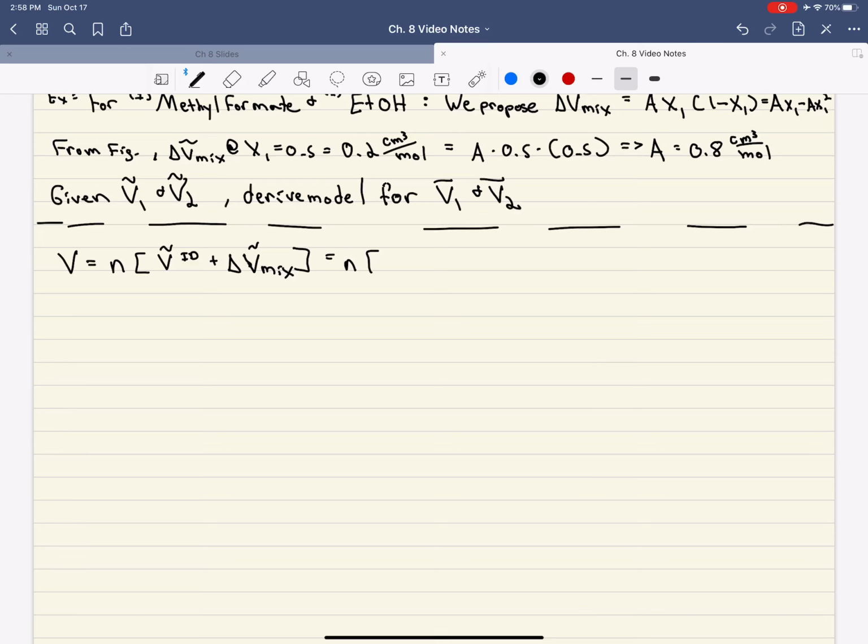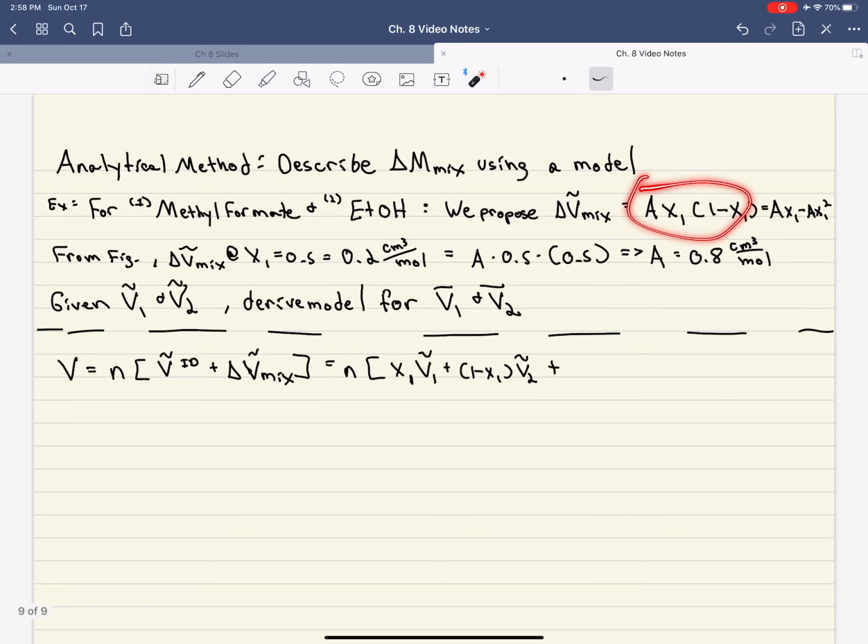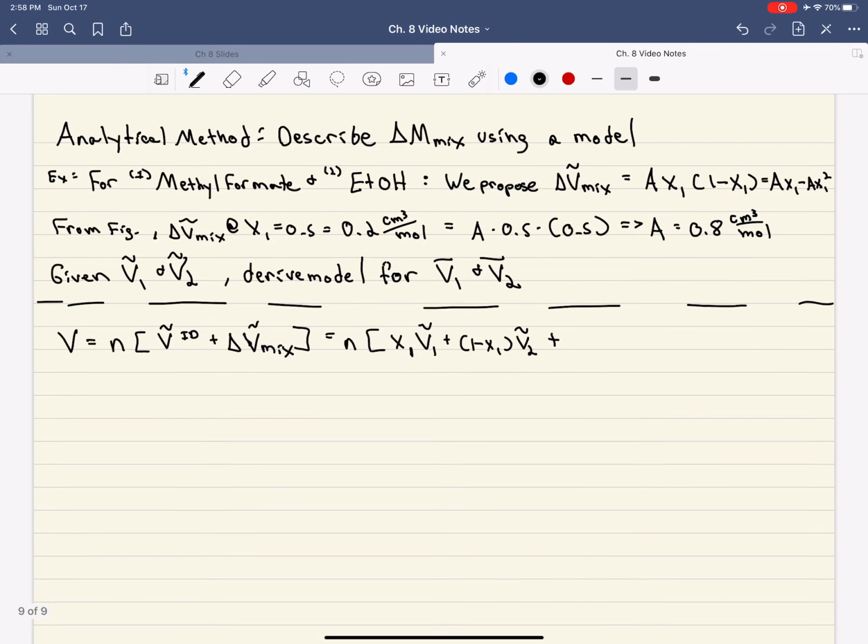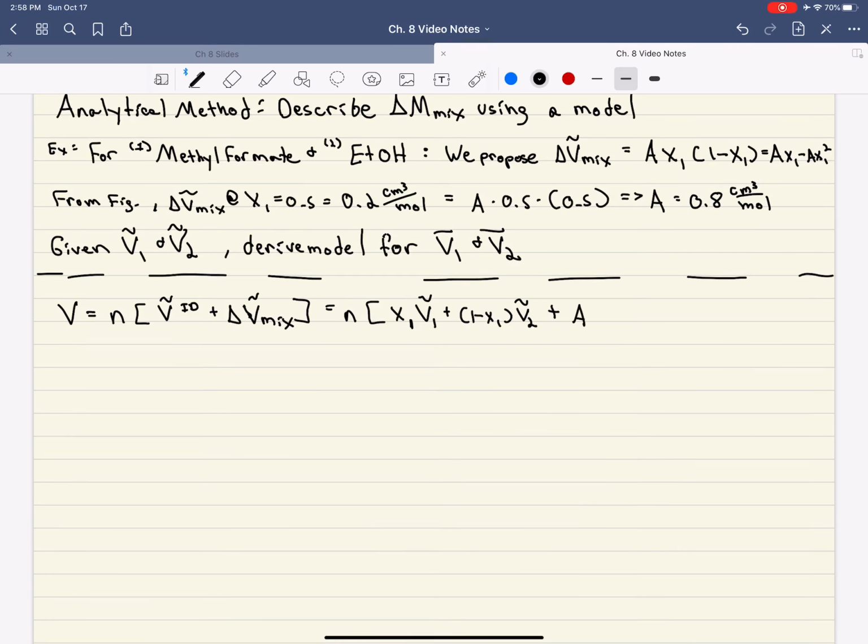For the ideal solution, we know it follows this form, x1 V1 pure plus 1 minus x1 V2 pure. And then delta V mix, that's going to follow that model we proposed up top here, A x1, 1 minus x1. Alright.